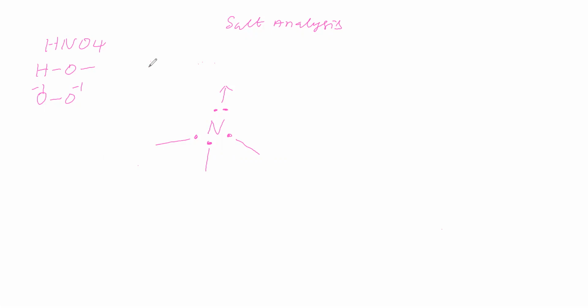So 4 oxygens are there in that HNO4. In that 4 oxygens, 2 oxygens are peroxy linkage. So how to give peroxy linkage in HNO4? Shall we give peroxy linkages like this? It is one possibility. What is another possibility that we will see? The peroxy linkage we can give like this.